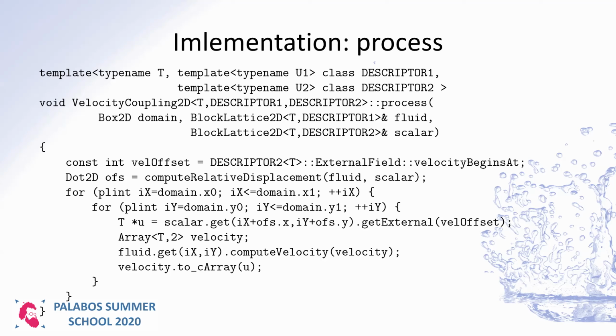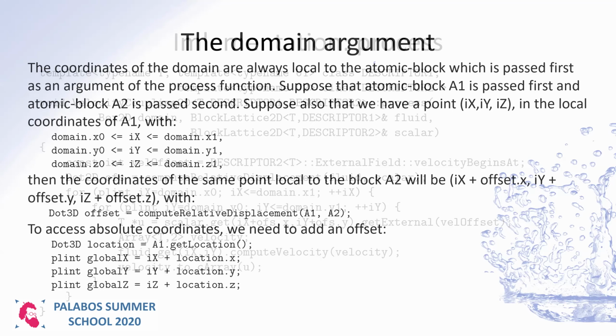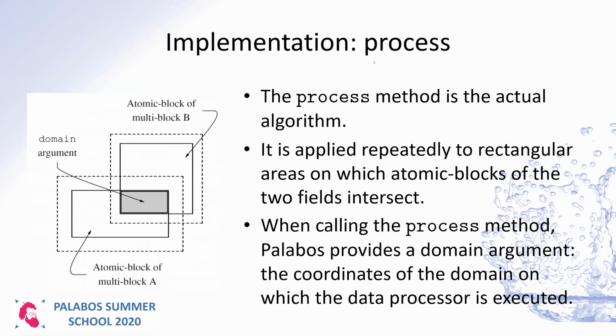Essentially, you see here, Palabos gives you a domain argument, and this domain argument does not contain the envelope. It only contains the bulk. So your loop is only going to loop over the bulk, as we see in this sketch here. The domain argument which Palabos provides corresponds to the gray area on the picture on the left.